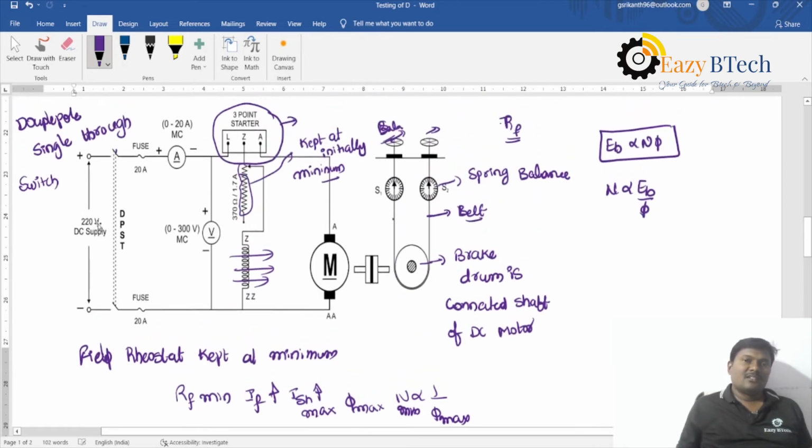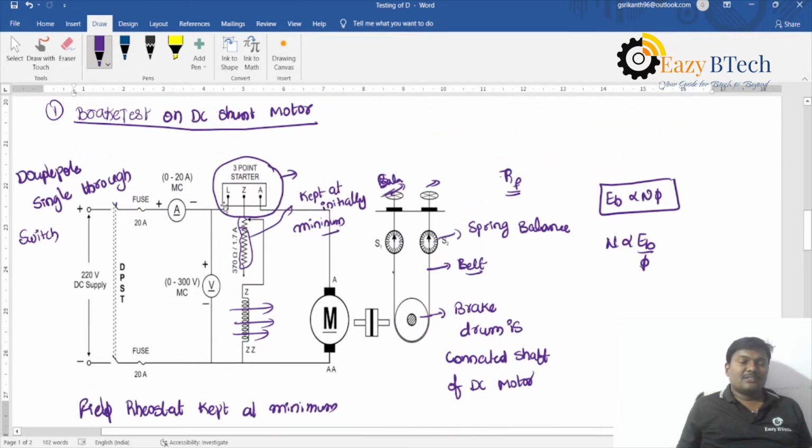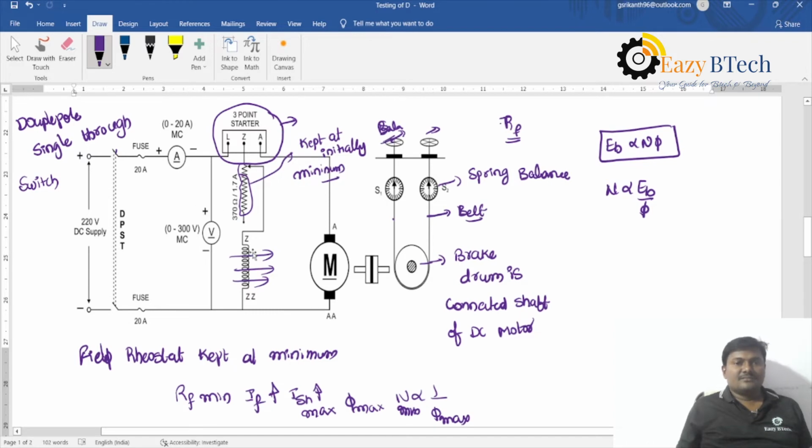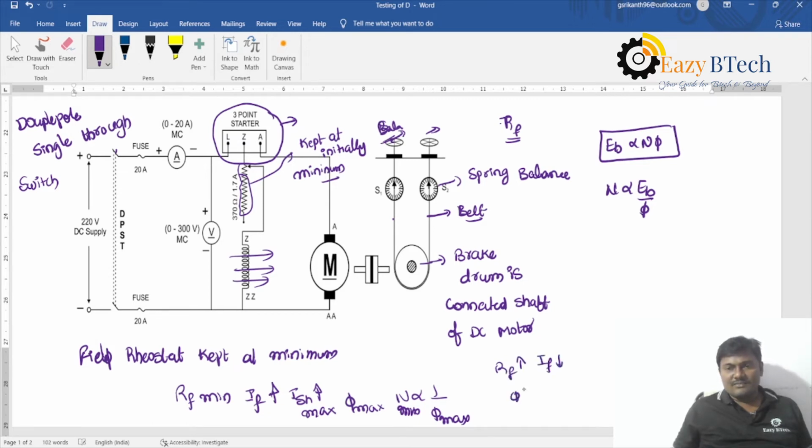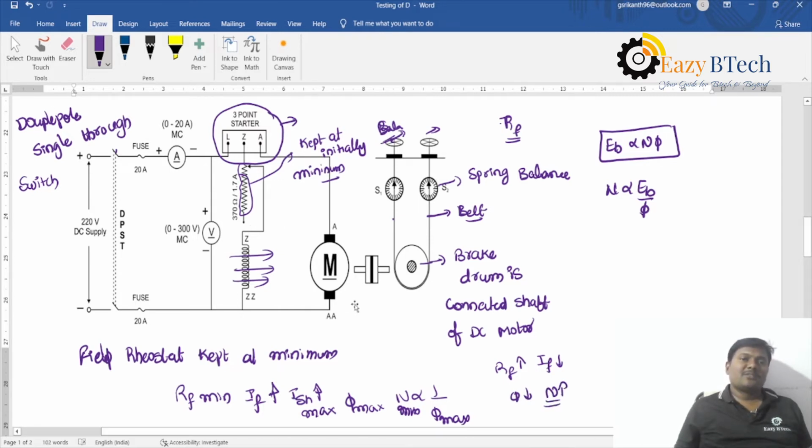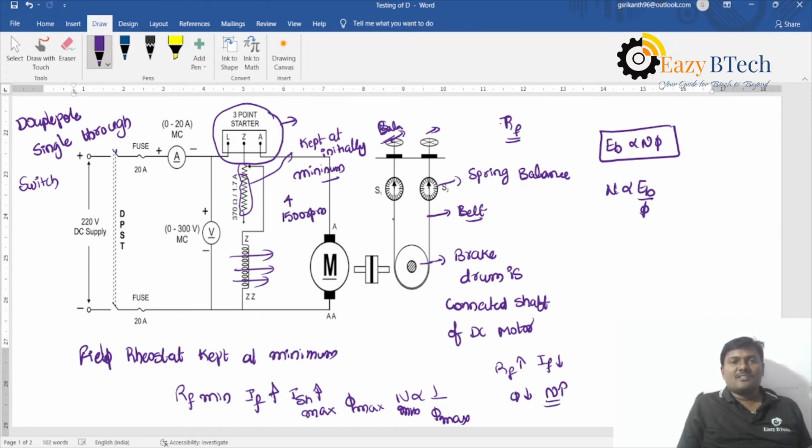If the flux is maximum, the speed is minimum. Start the motor with the help of a 3-point starter. After that, as the field resistance increases, IF decreases, flux decreases, and the speed increases. Adjust the speed of the motor to the rated speed.